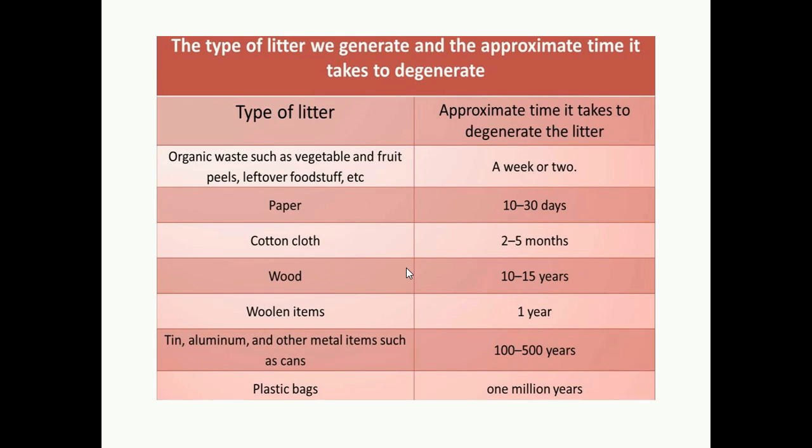Cotton cloth decomposes in 2 to 5 months. Wood decomposes in 10 to 15 years. Woolen items take 1 year. Tin, aluminium and other metal items such as cans take 100 to 500 years. Plastic bags take 1 million years.